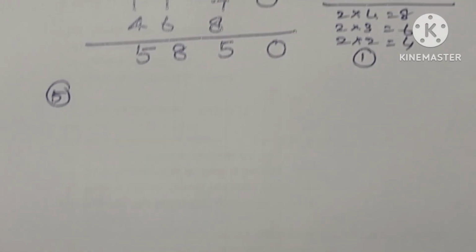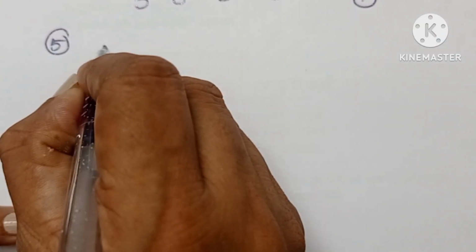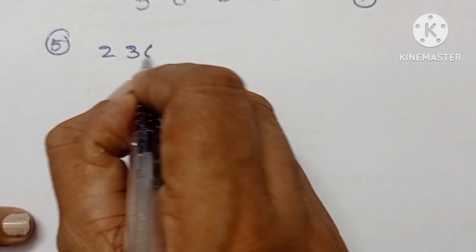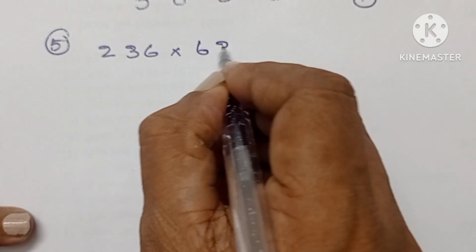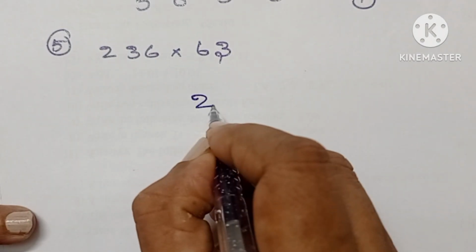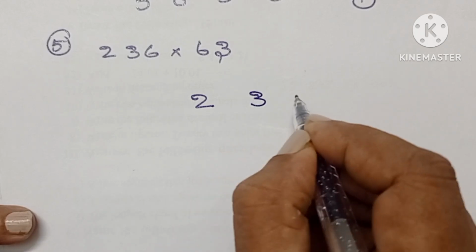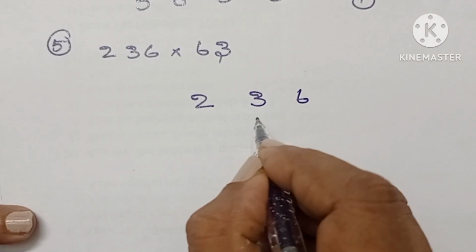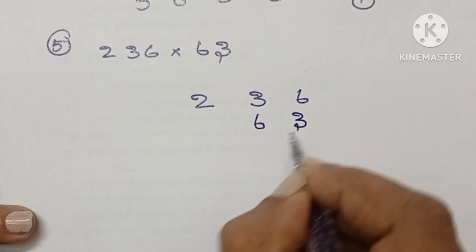Now we can go to another example. 236 into 63. Writing 2, 3, 6, 63.